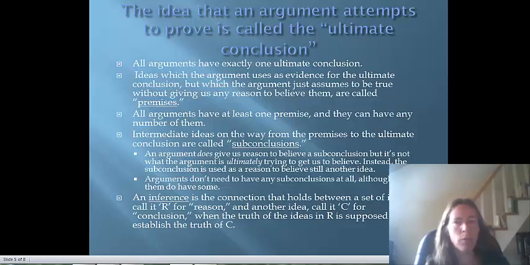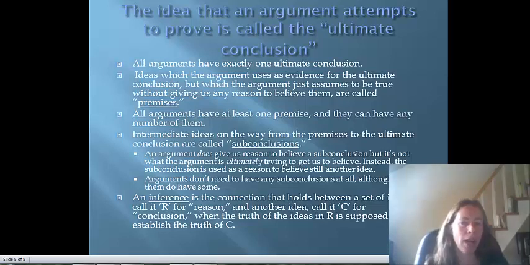With a general philosophical argument, you can have a whole lot of premisi. I think that's correct. Now, intermediate ideas on the way from the premise to the ultimate conclusion are called subconclusions. Right? An argument will give you a reason to believe a subconclusion, but it's not the conclusion that it's ultimately trying to get us to believe. It's just a step on the way.